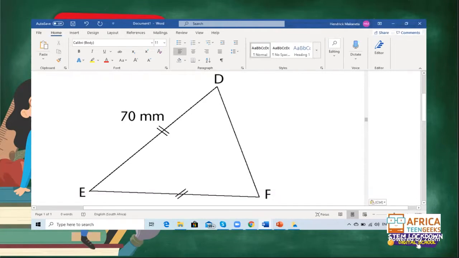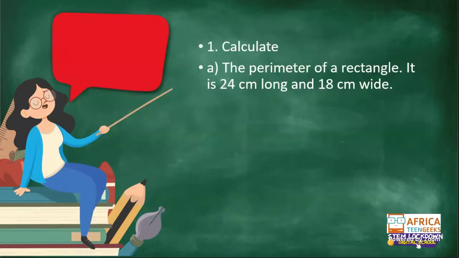Now we are going to look at the various other problems. Here we have the perimeter of a rectangle, which we need to calculate. Remember that a rectangle has got 4 sides as well. But in this case, you are given just 2 sides.